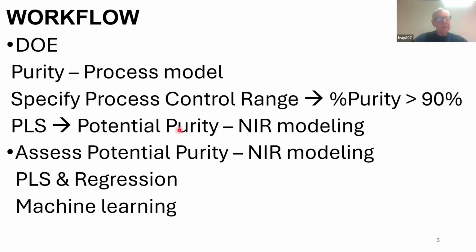For the workflow, we will start by launching the DOE for purity process modeling. This DOE should make it possible to specify a process model, allowing us to specify process control ranges so that purity higher than 90% can be achieved. Besides this, together with purity measurements, the spectra will also be recorded.